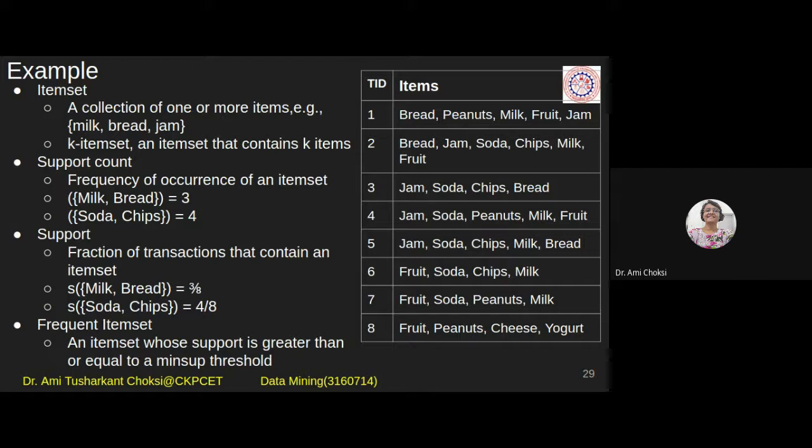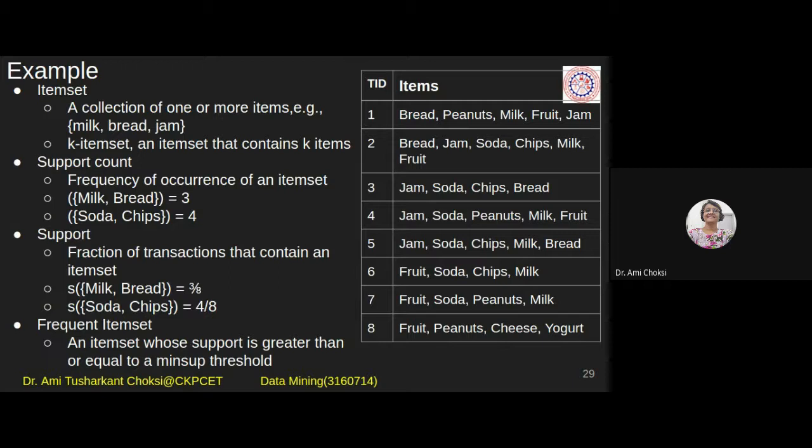Now, support. This is what we have found, that was the support count. Now what we want to find is support. You have written the equation of it, right? It is saying that support count divided by n, the number of transactions, right? So whether support count is given or support is given, that you need to check. Okay. So now say support you want to find.